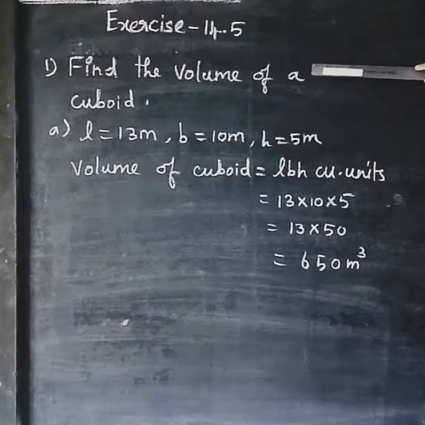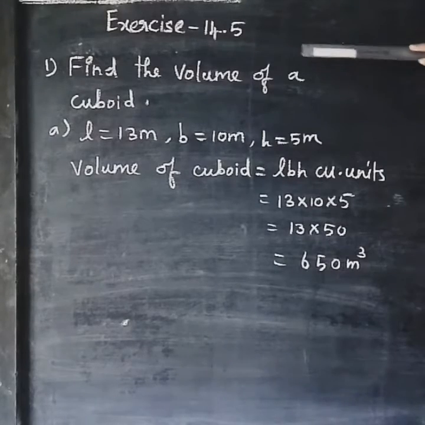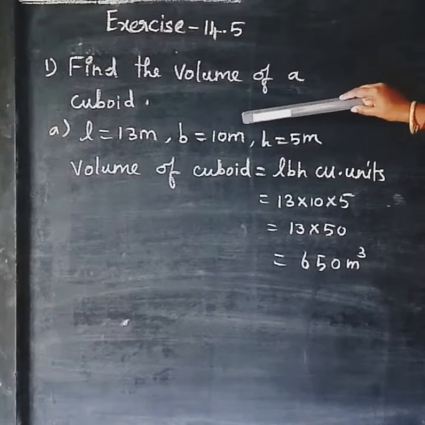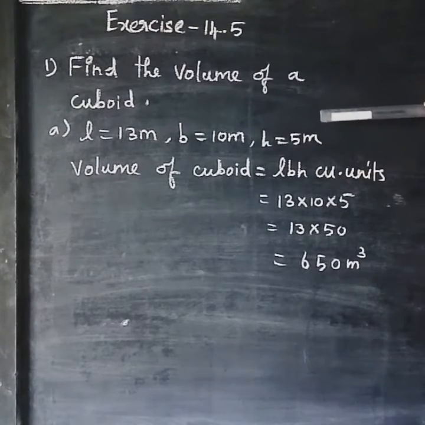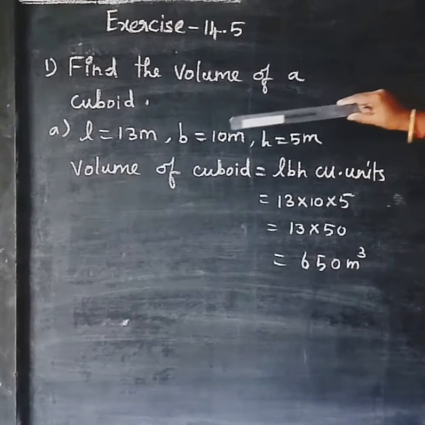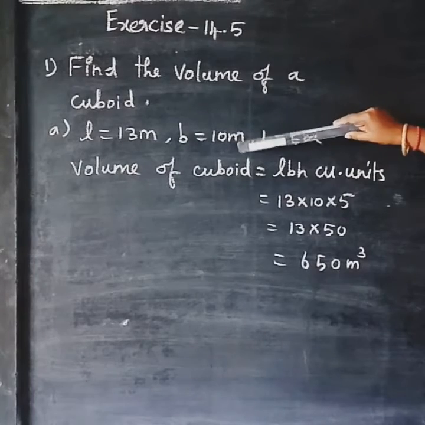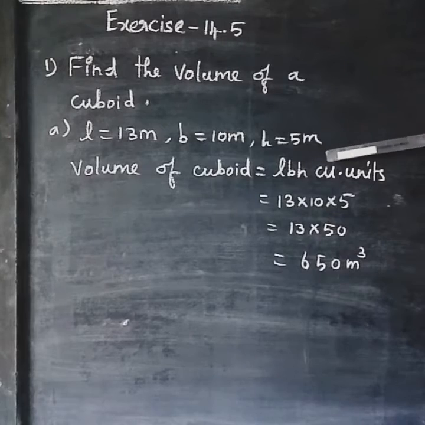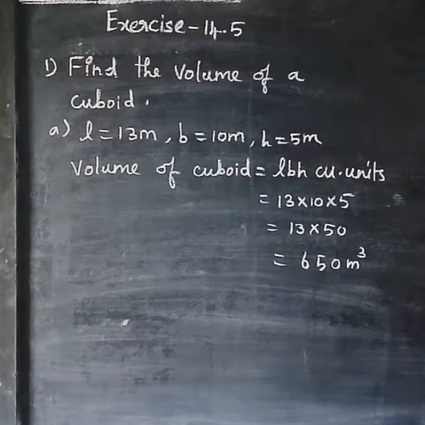Find the volume of a cuboid whose length is 13 meter, breadth is 10 meter, height is 5 meter. Volume of a cuboid formula is length into breadth into height cubic units.